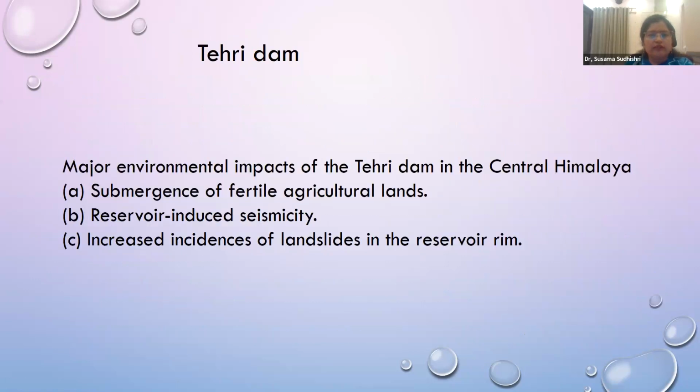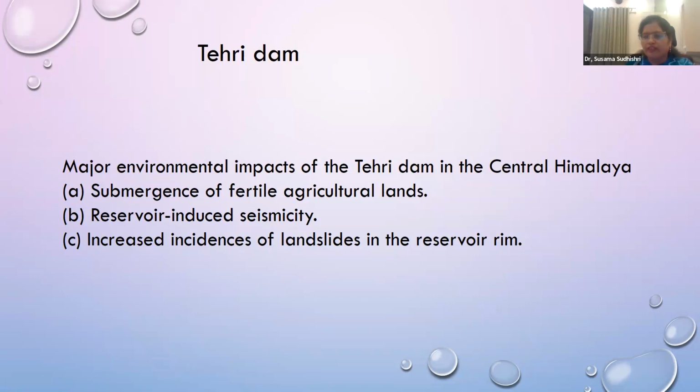Similarly, if we go to Tehri Dam, the main reason we were talking about just a few days back is reservoir induced seismicity. Till date, it has already withstood up to a magnitude of 8. But just one week before, when I visited the Tehri Dam, the officer told me it can withstand only up to 10.